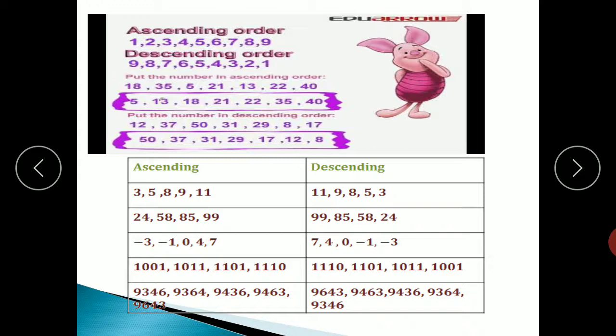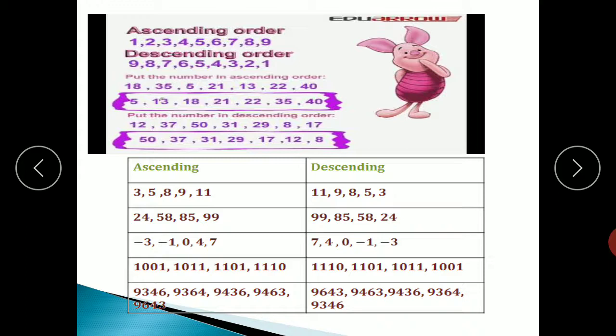Example, in the assembly, the boy or girl whose height is short is going to stand in the first position. The one who is taller than the first is going to stand in the second position. By the same process, the last tallest boy is going to stand in the last position, at the end of the line. So we call this ascending order.